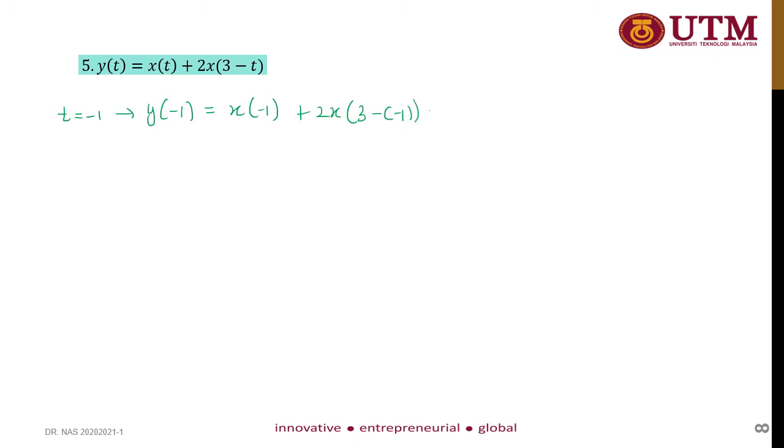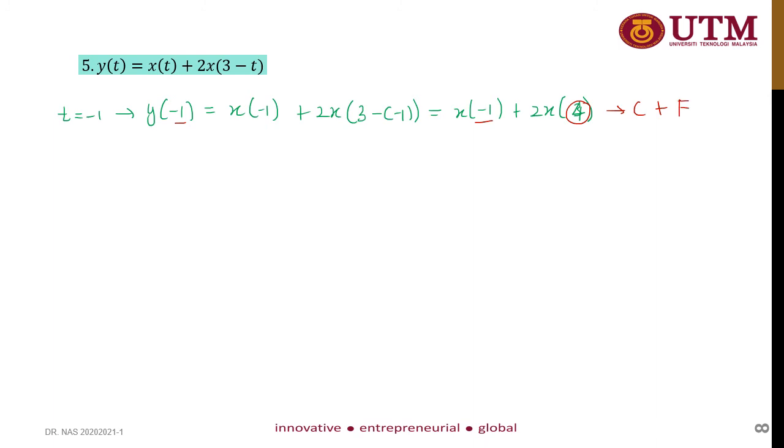So this is equal to x(-1) plus 2x(3 plus 1), equal to 4. Okay, let's check the states. So the current state is -1, so you have current state plus, the current state is -1, but here you have 4. So it is the future values.